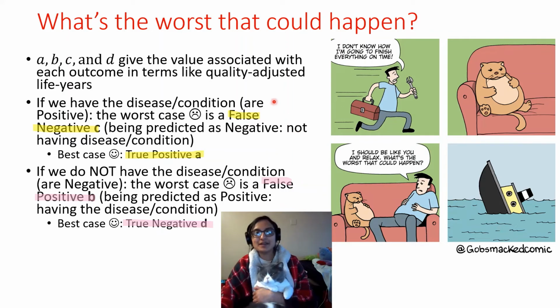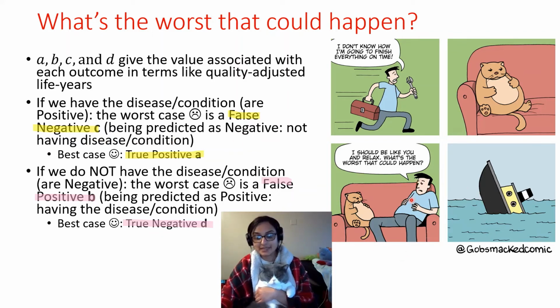So when again this A, B, C, and D give the value associated with each outcome, then if we have the disease or condition, if we actually are positive, the worst case is a false negative, C. So if Yankee is saying, okay, you have the disease or condition, you're positive, what's the worst that could happen? Well, the worst that could happen is a false negative, C, being predicted as negative, as not having the disease or condition when I actually have it.